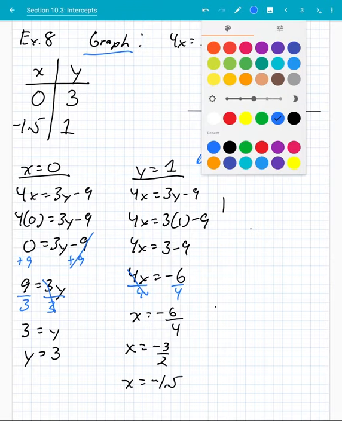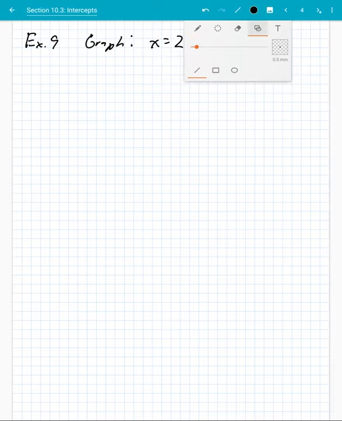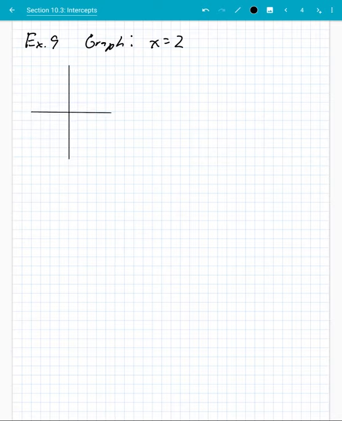Now moving on to one other example. I kind of covered this a little bit in the previous section, but example 9 wants us to graph x equals 2. So if you remember, if it's x equals 2, that represents a vertical line. So all we have to do is draw a graph.